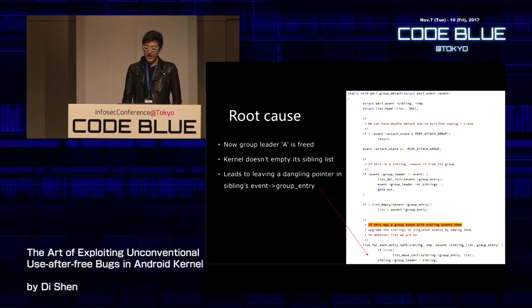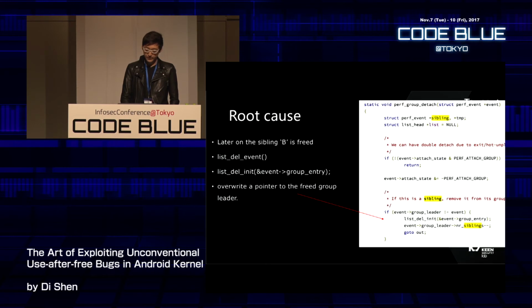I free A first, and the kernel will call the function perf_group_detach to deconstruct this object, but the code didn't empty the sibling list of the group leader, which leads to leaving a dangling pointer in the sibling group entry. So when this function returned, the perf event A is totally deallocated, but the dangling pointer is left.